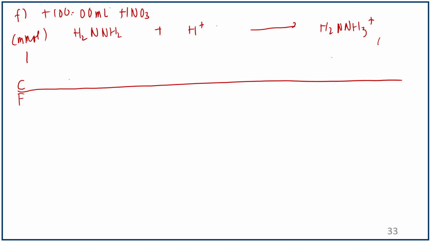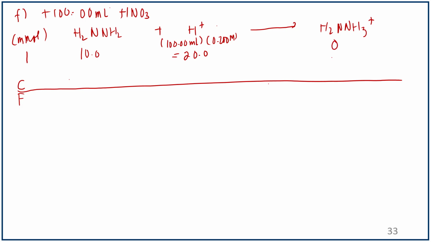We begin here again with 10 millimoles of hydrazine, and then for the protons we have 100.00 ml times 0.200 molar. This will be equal to 20 millimoles. This one should be 0.